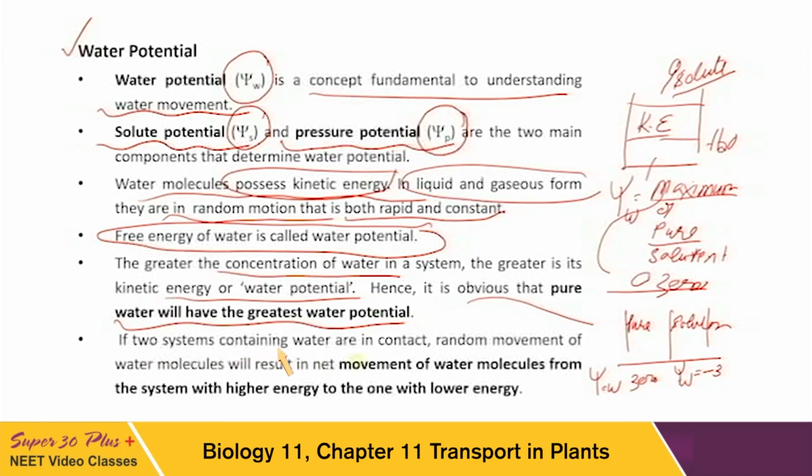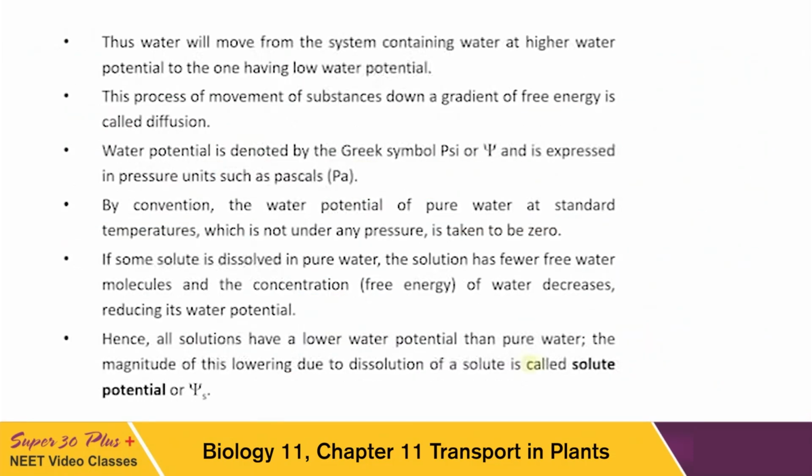For two systems containing water in contact, as I told you, molecules will move from high water potential to low water potential. Which has high water potential? If pure water and a solution are kept in contact, the molecules will move from high water potential to low water potential. If this is solution A and this is B, they will move from A to B, right?